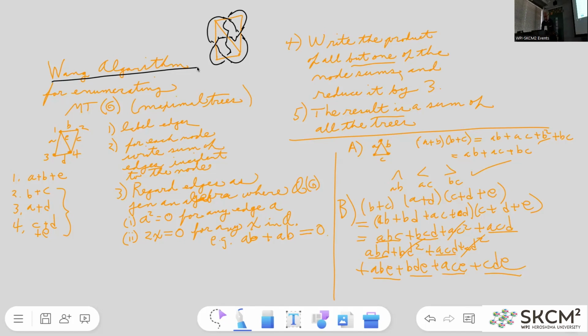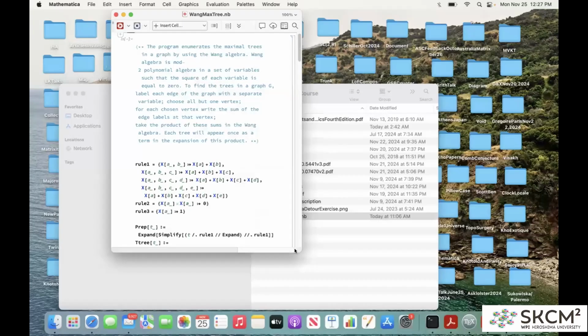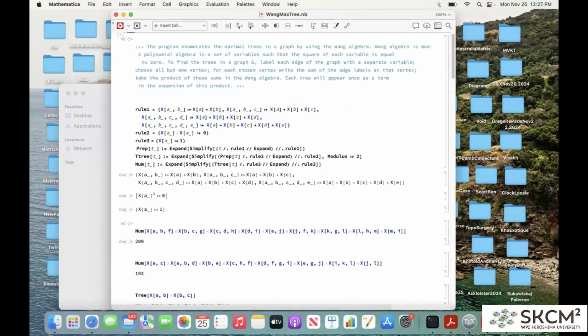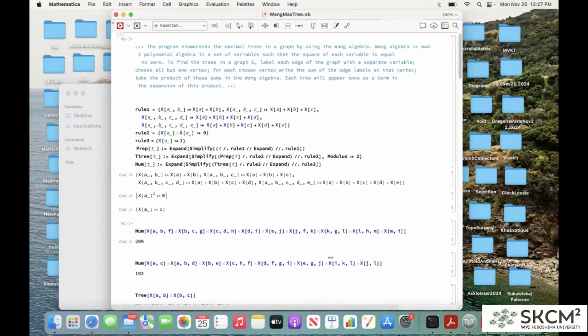Just to finish that bit, let me show you what my computer program looks like for doing that algorithm. It looks like this. These are just possible vertices.